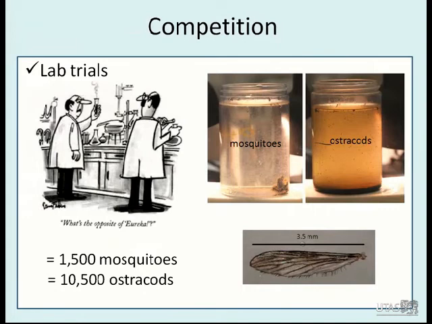What I've done so far is set up some lab trials. As you can see, the first instar mosquitoes are quite small, as are the ostracods. And what I've done is put 50 first instar mosquito larvae into each of 40 containers, and then subject them to different levels of competitor densities, 0, 150, 300 and 600 ostracods in different treatments.